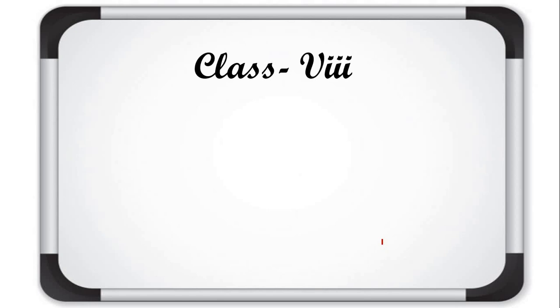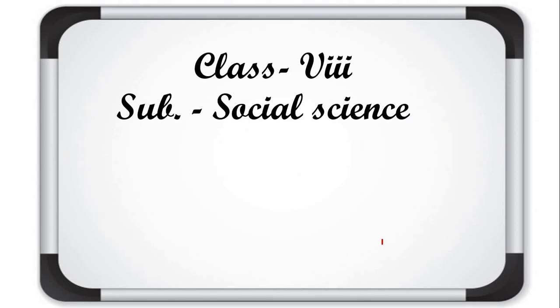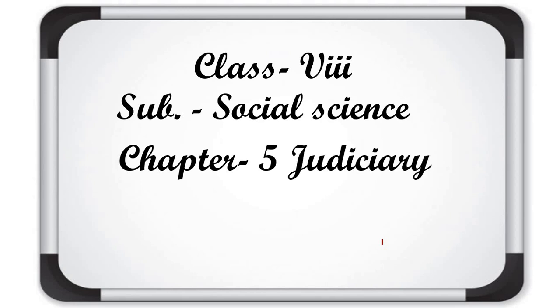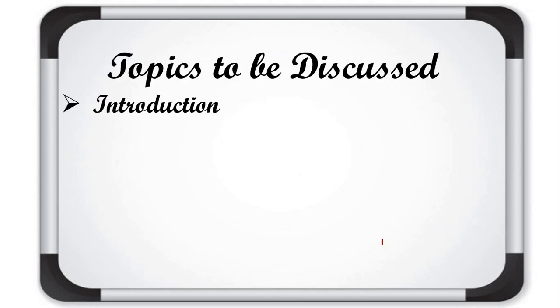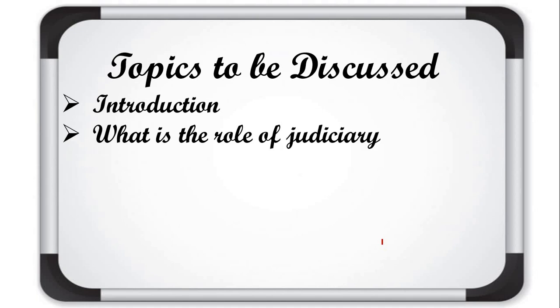This video is for class 8, subject Social Science. Today we are going to start Civics chapter 5, Judiciary. It is the first lecture of this chapter, and in today's lecture, topics to be discussed are: first one, introduction of the chapter; second, what is the role of judiciary?